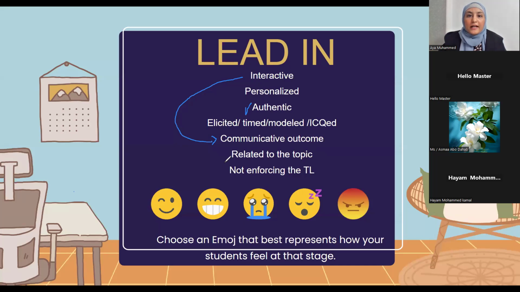Okay, and as you said, also related to the topic, but not enforcing the target language. How can I relate to the topic and not enforce the target language? What does it mean by saying enforcing the target language first? The target language is the objective of your class, objective of your lesson.